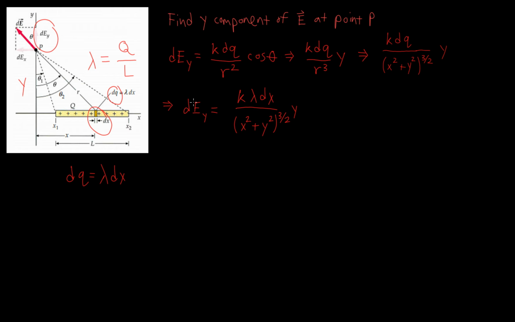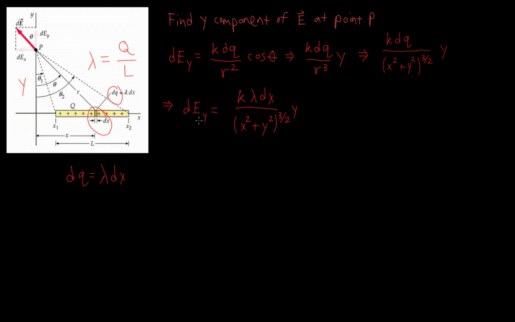But remember, this expression right here only corresponds to the small electric field produced by this small segment of charge dx. But we want the electric field at point P due to the entire charge, not just the small segment of charge dx. And in order to do that, we would have to integrate both sides.